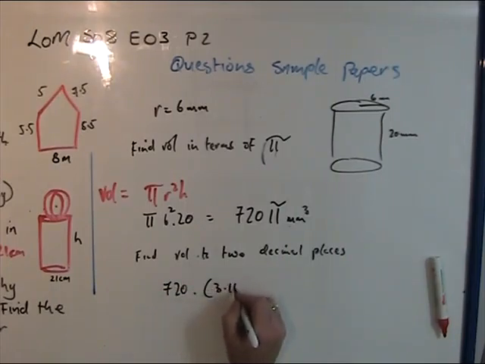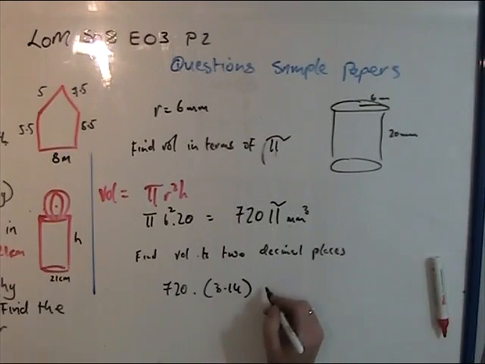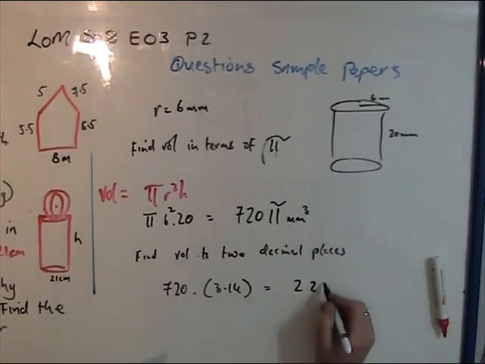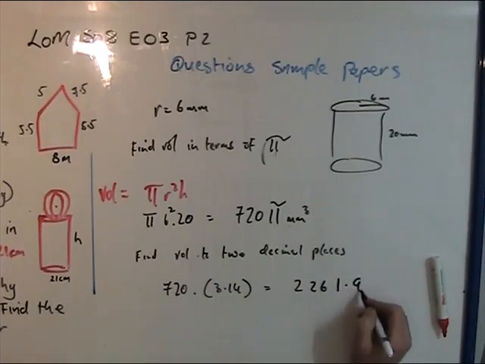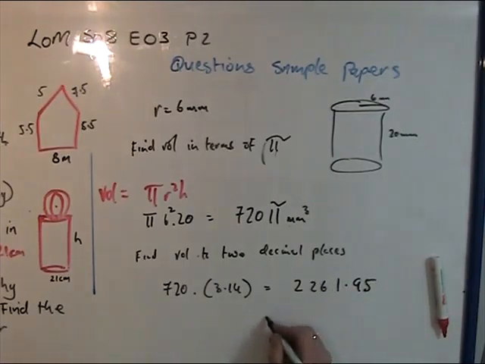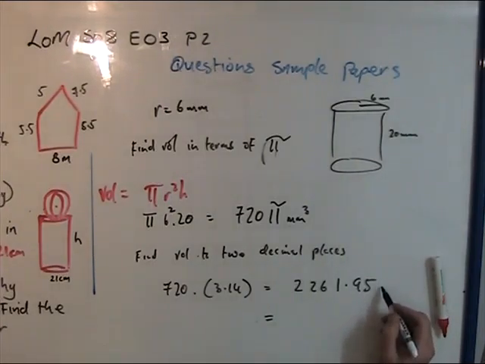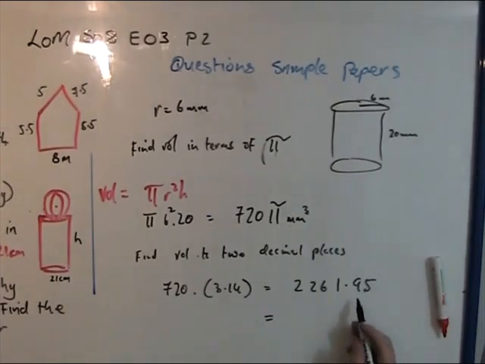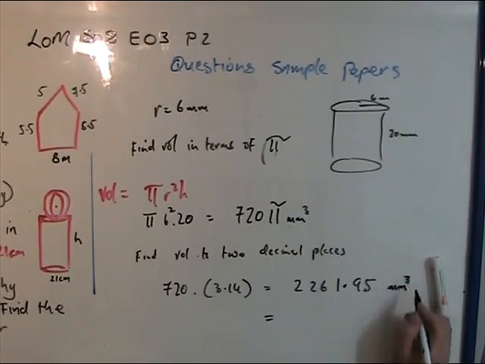We calculate, and you find your answer is 2261.95. That's to 2 decimal places. There were other numbers before, but they didn't change the 5. So that's millimeters cubed, the answer to that one.